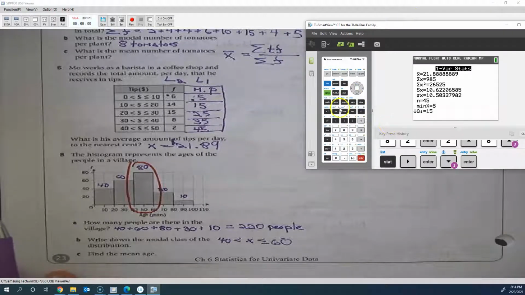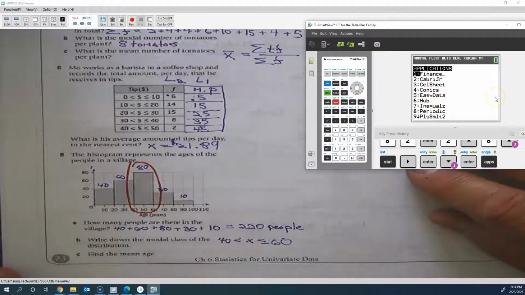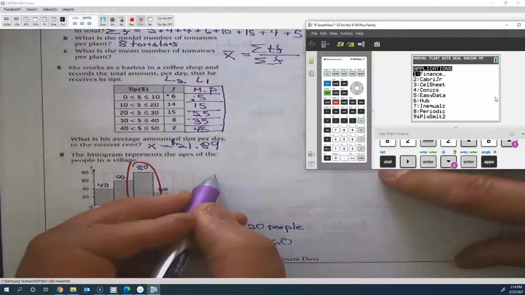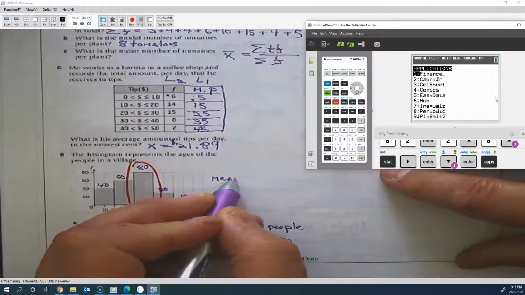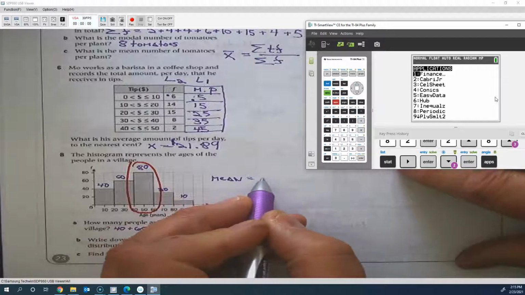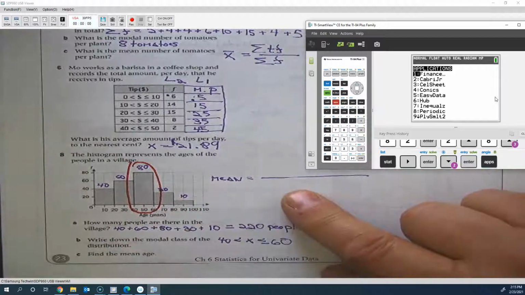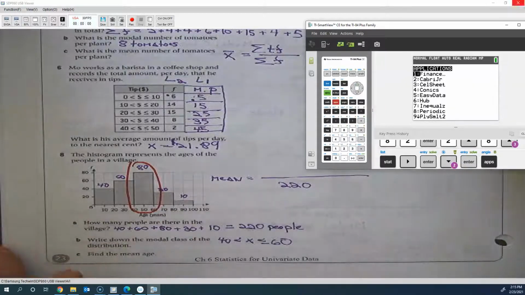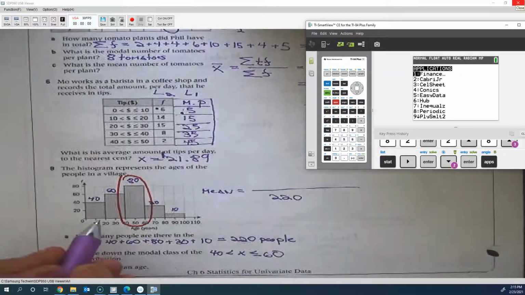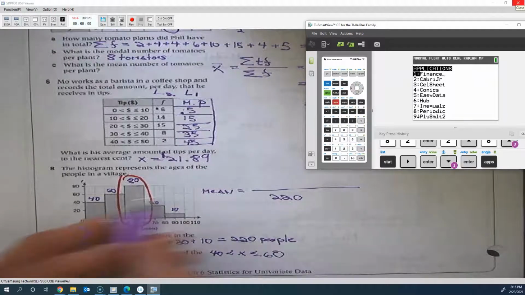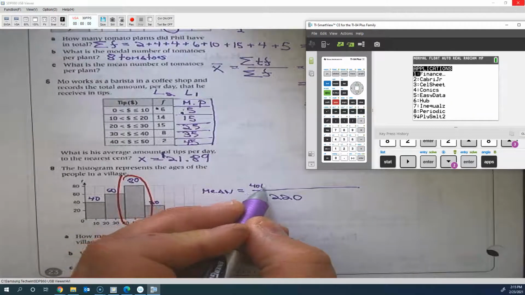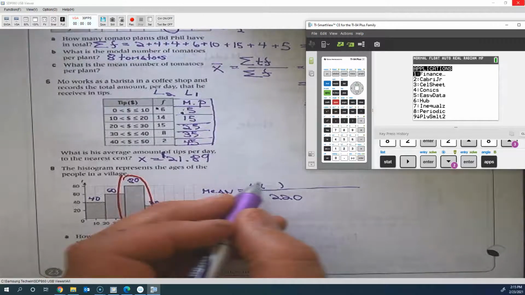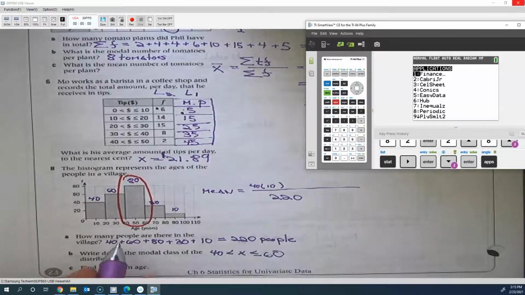Okay, and now I'm going to do my average. I could do it on my calculator, or we know there's 220 people. And now what I'm using is the midpoints. So I've got 40. The people in this class have an age of 10.